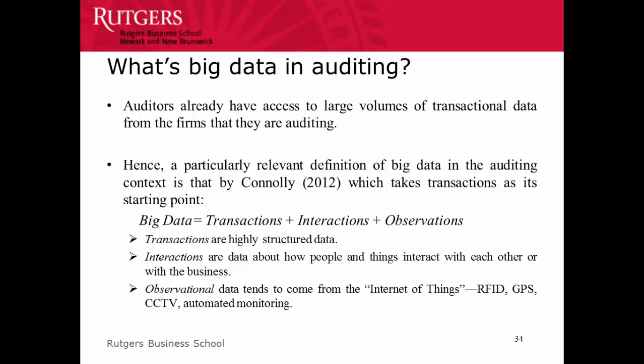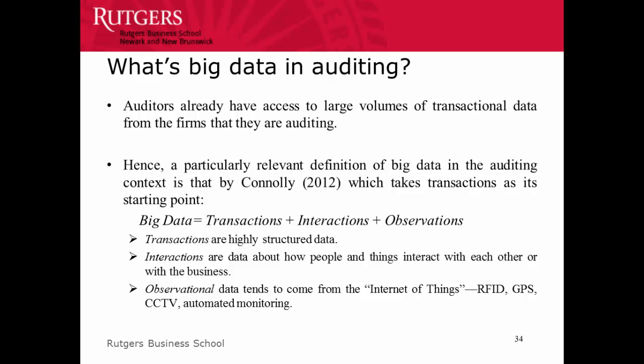And here we use a definition proposed by Connolly in 2012, which says that big data equals transactions plus interactions plus observations. Transactions, the traditional data, are highly structured information, and interactions are data about how people and things interact with each other or with the business.